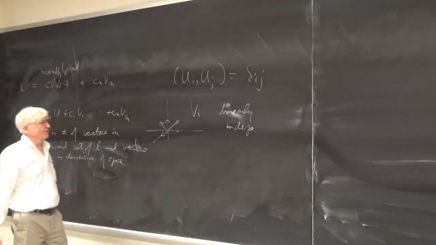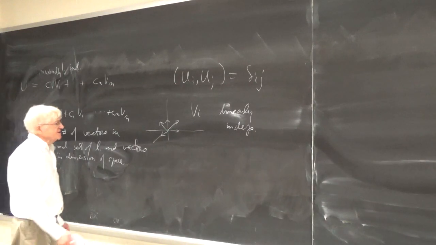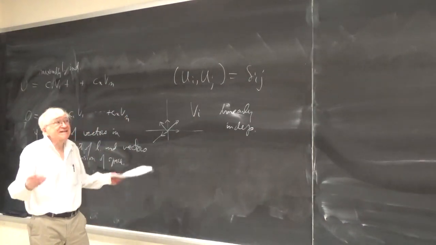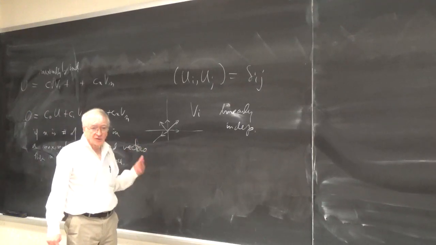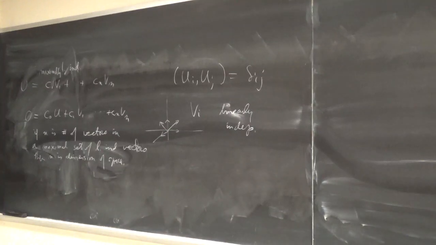If it's a maximal set of linearly independent vectors, then they can form a basis for the vector space. But in general, the basis will be composed of vectors that aren't orthogonal and aren't normalized.